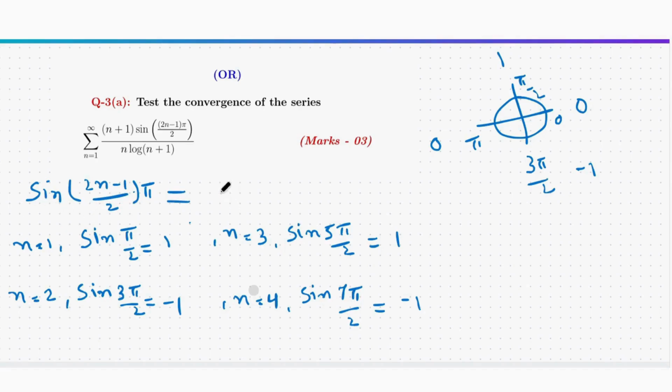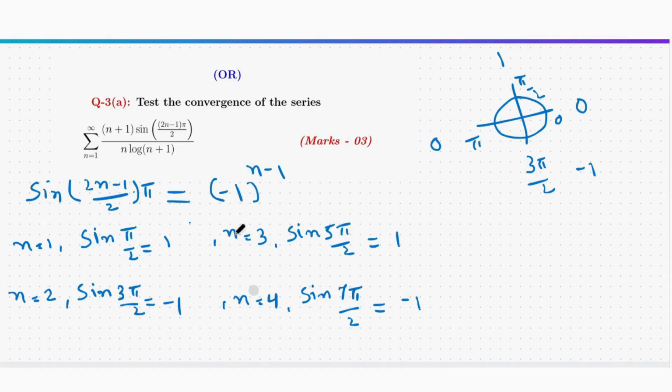So in general this value is nothing but minus 1 raised to n minus 1. When we put n equal to 1, we get positive 1, since 1 minus 1 is 0 and any number raised to 0 gives 1. Now put n equal to 2, we get 3 pi by 2, so minus 1: 2 minus 1 means 1, and minus 1 raised to 1 is minus 1.